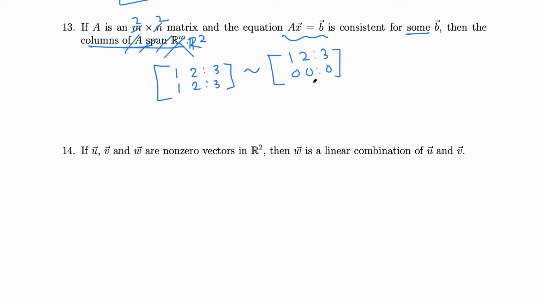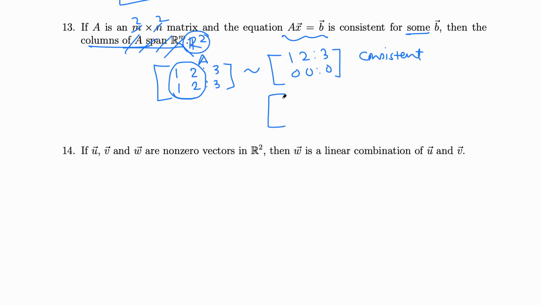Consistent means, in this case, in fact, we get infinitely many solutions. So consistent. But then the columns of A span R2. R2 means if we take any vector in R2, that cannot be written as a linear combination of these two vectors, columns of A, because this is our A, because Ax equals b.